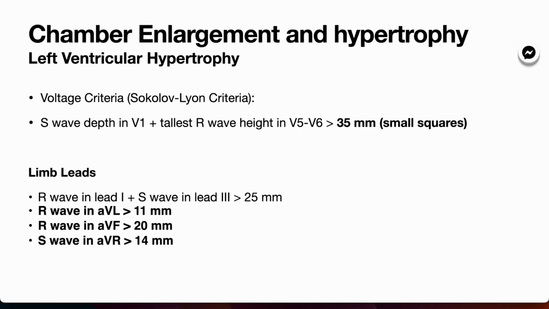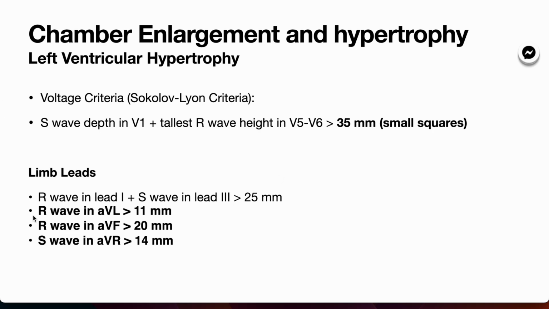Also, you can detect left ventricular hypertrophy by adding the R wave in lead 1 with the S wave in lead 3. If it's more than 25 millimeters or 25 small squares, then you have left ventricular hypertrophy.